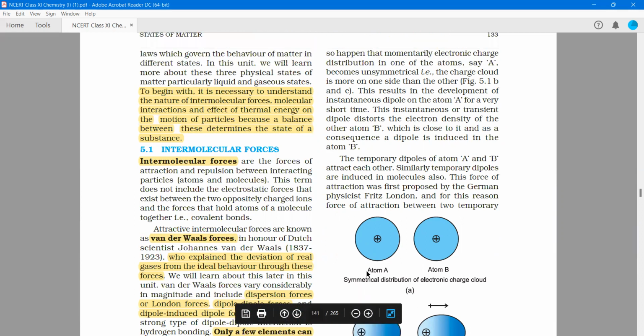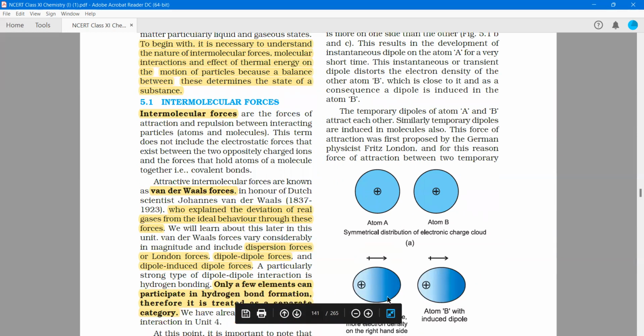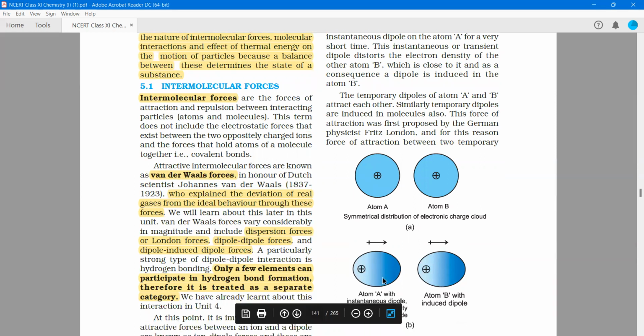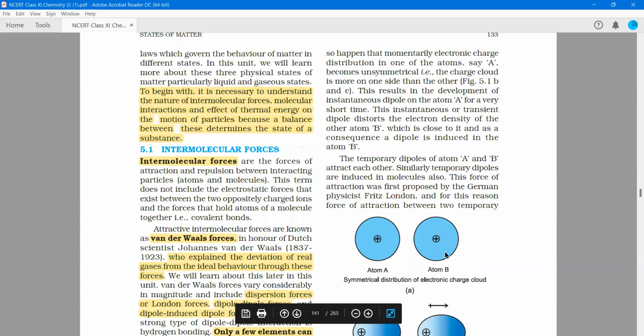If B is in close vicinity with A, this unsymmetrical distribution will induce a dipole in B. If positive charge is more on the left side of A and negative on the other, then charge in atom B will be developed in such a way that it causes attractive forces. That force is nothing but the dispersion force or London force.